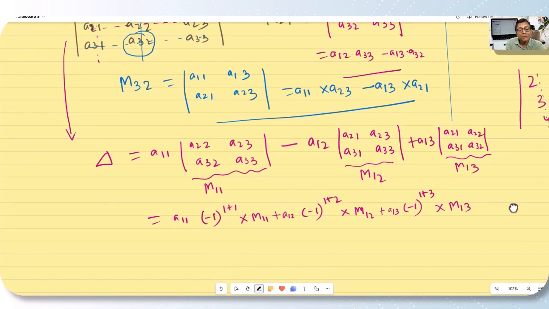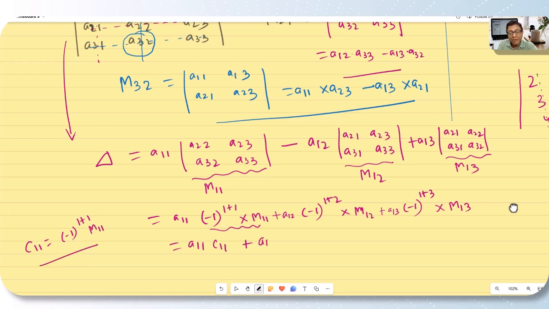Then we can write this as A11 C11, because this is C11 by formula, minus 1 to the power 1 plus 1 M11.